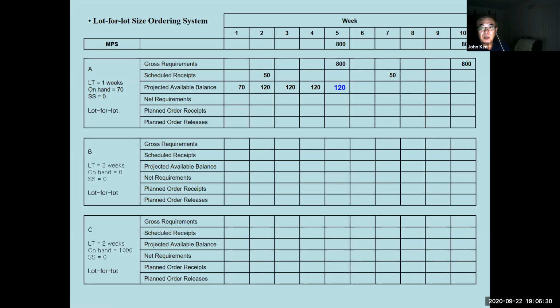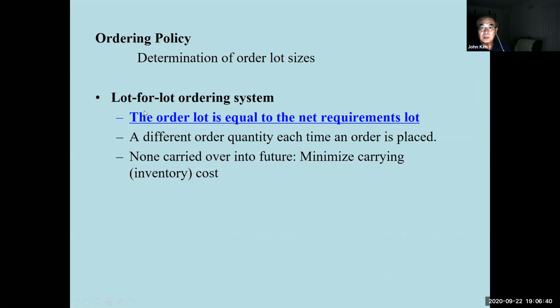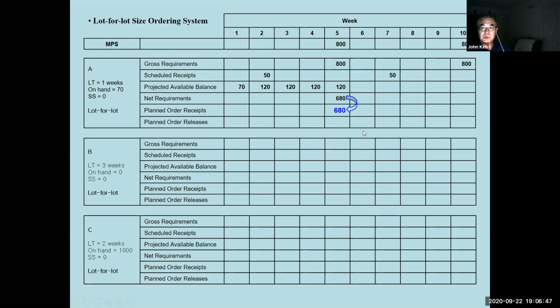So net requirement is 680. So order 680 using lot for lot ordering system. Order size is net requirement. So planned order receipt is 680, the net requirement.